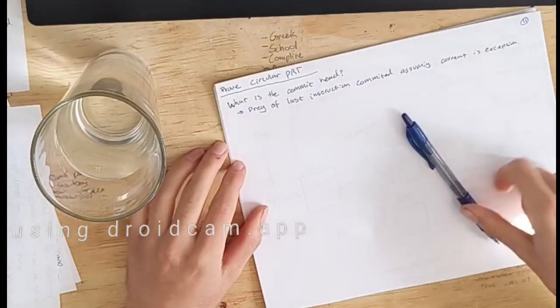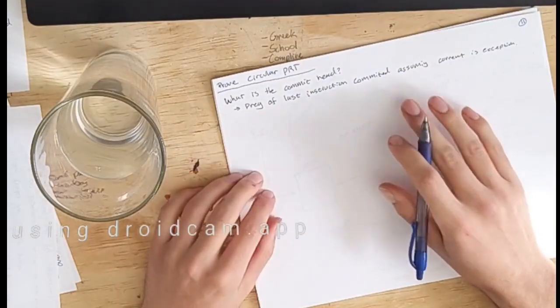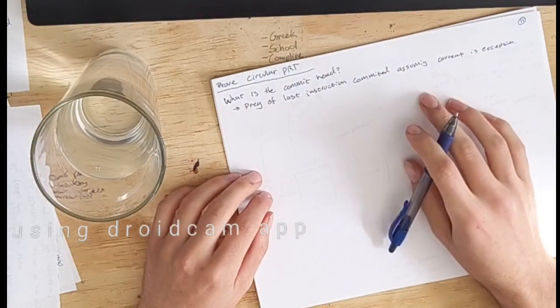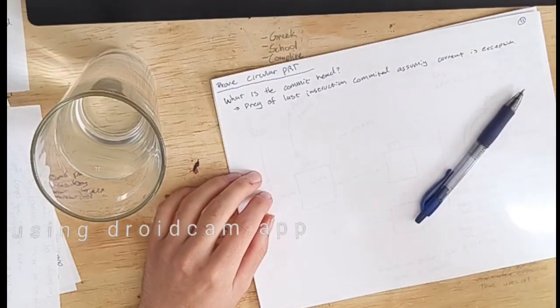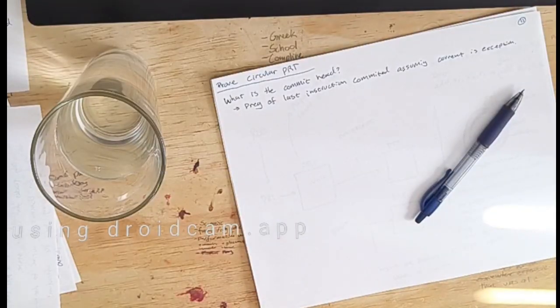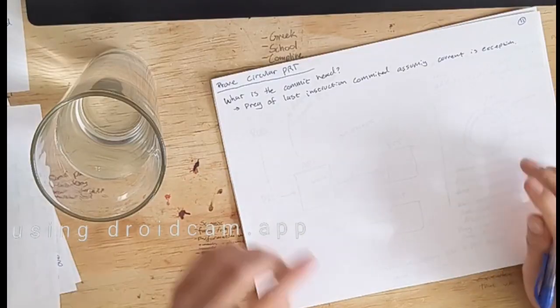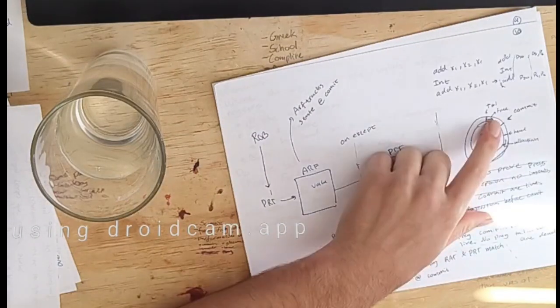Right. So the preg of the last instruction committed, assuming that the current is an exception, right? What would make this true? First of all, we need to know what our tail is, right?